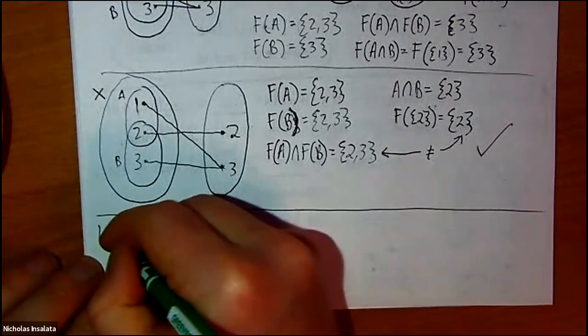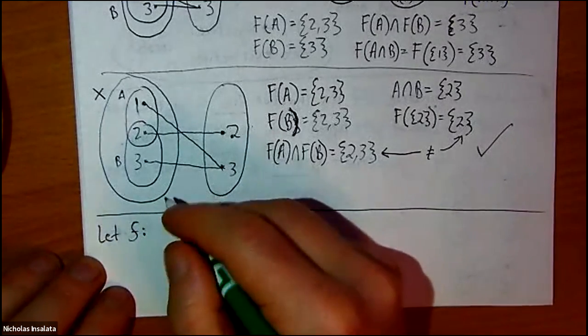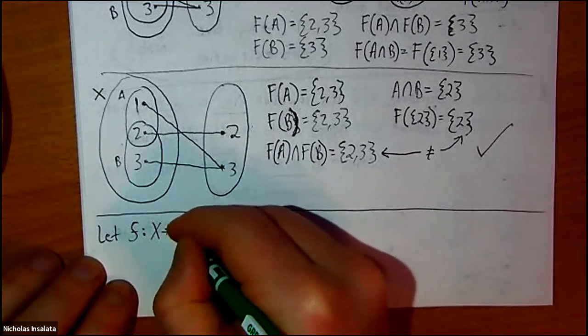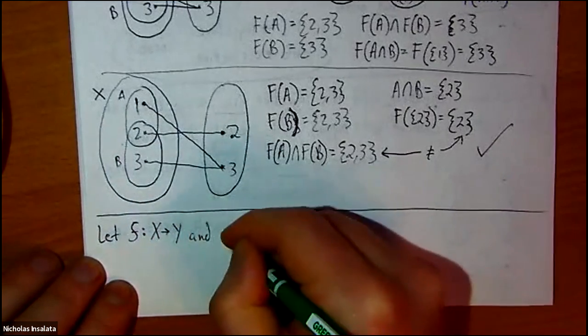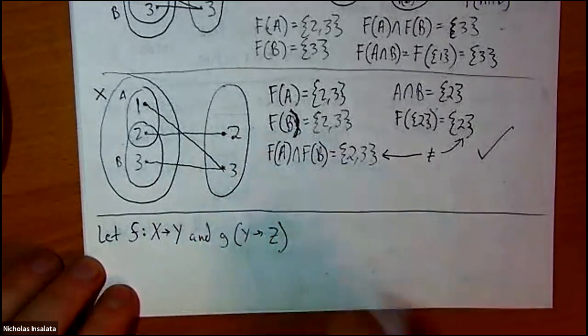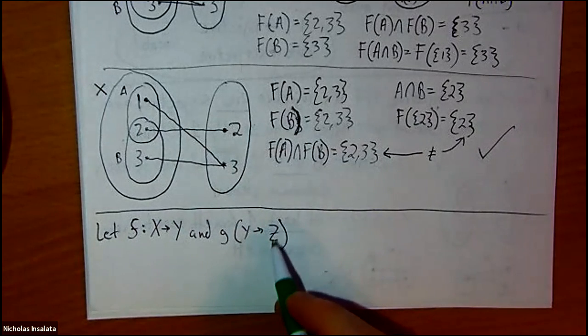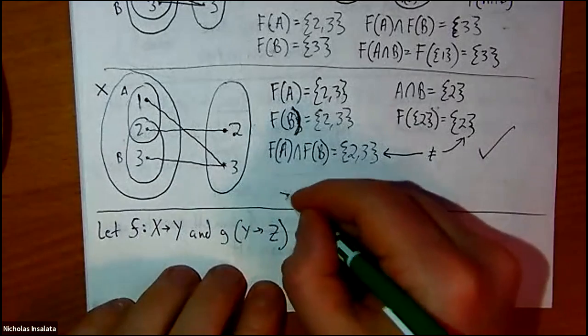So let f be a function from X to Y, and g be a function from Y to Z. Careful to make a capital Z that's not this one.